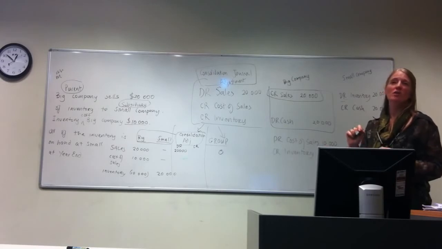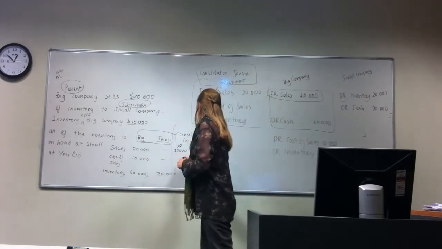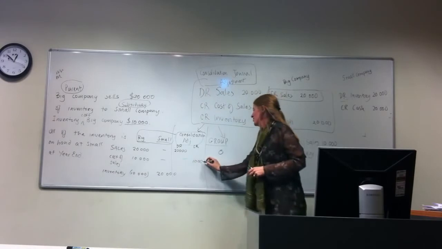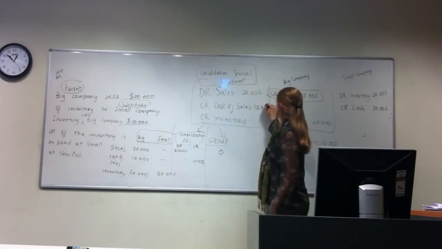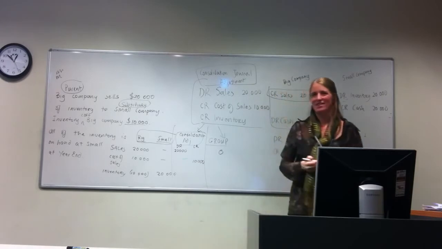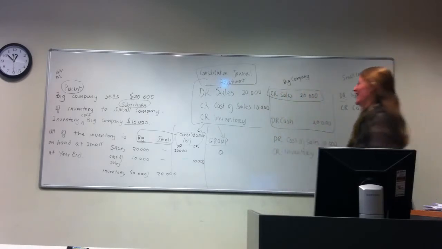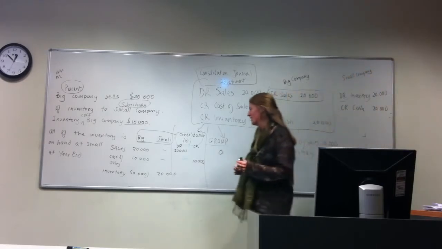No. There should be no sales, there should be no cost of sales. You agree? Okay. So, therefore, what are we going to do? Credit cost of sales with 10,000. Easy. And then the last one is obviously the inventory.